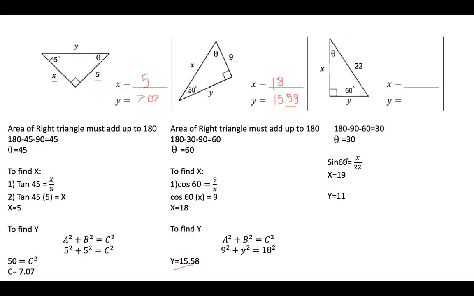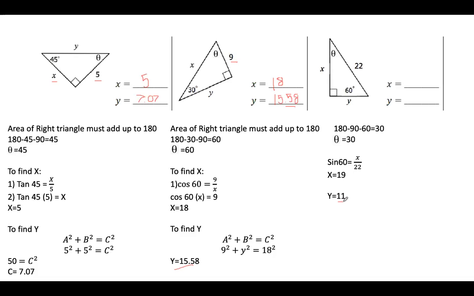So sine of 60 is equal to the opposite side, x, over the hypotenuse, which is 22. And then solving, I get that x is equal to 19. And once I input these answers into the Pythagorean theorem, I get y to be 11.